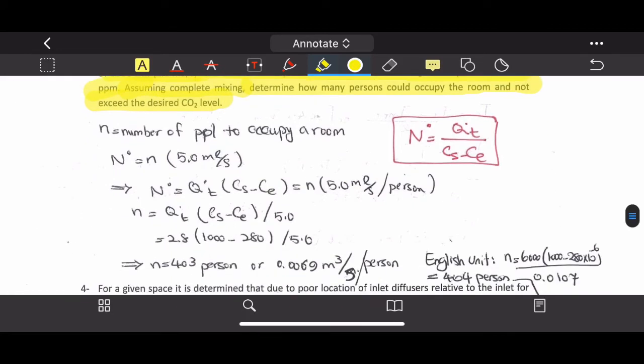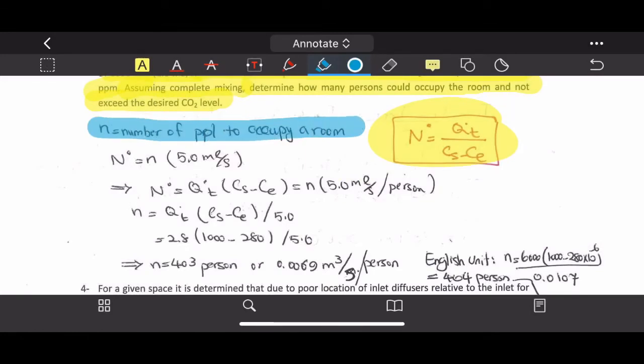Alright, so we are going to use a dispersion equation which is available, I believe, in lecture 5 part 2 in the appendixes. First of all, you need to know the number of people needed to occupy the room. So it is labeled as n, small n. N dot is the rate, which is small n and 5 milliliter per second.